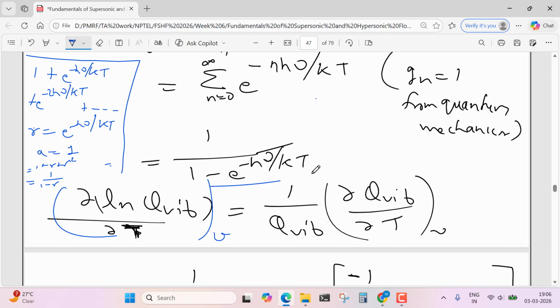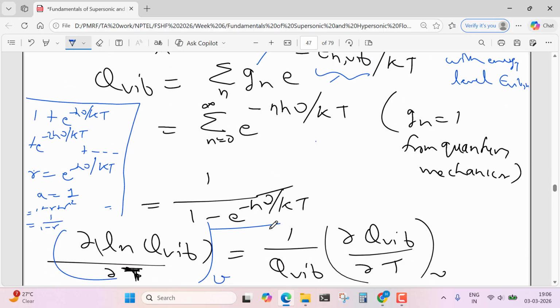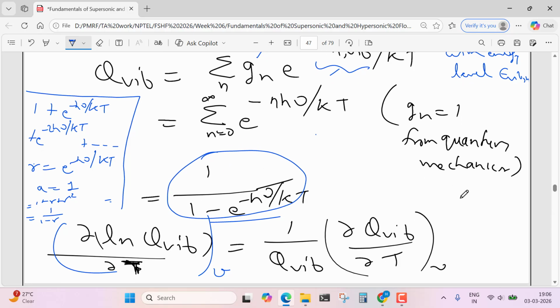Now we will find dou log Q vibration upon dou T at constant volume, which is equal to 1 upon Q vibrational into dou Q vibration upon dou T at constant volume. So we will take the differentiation of this Q vibrational with respect to temperature.